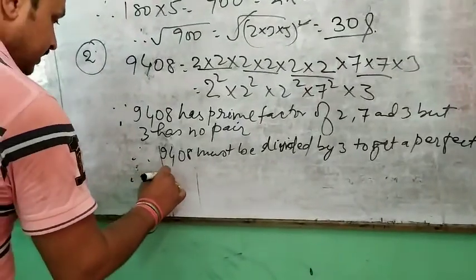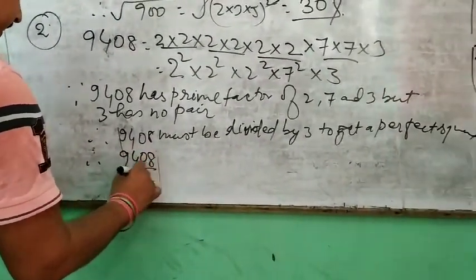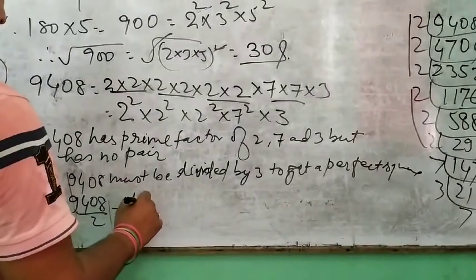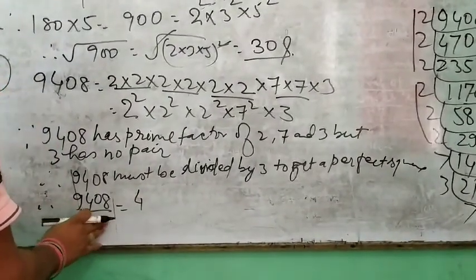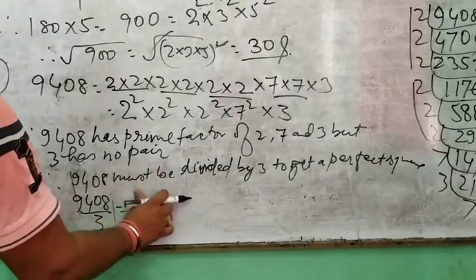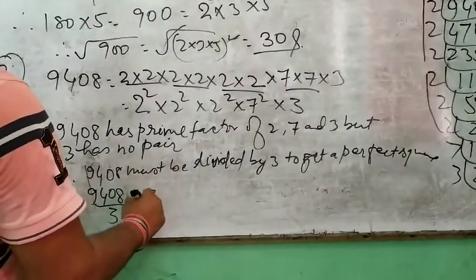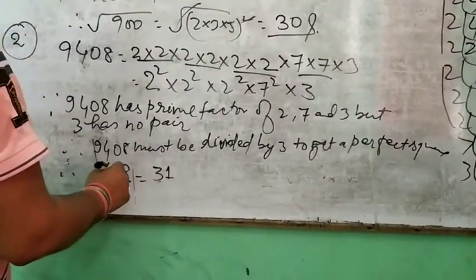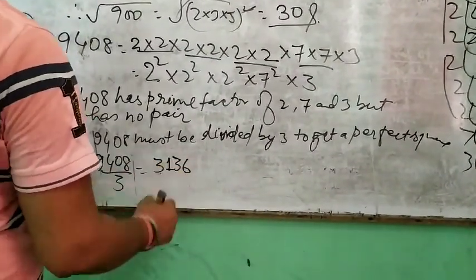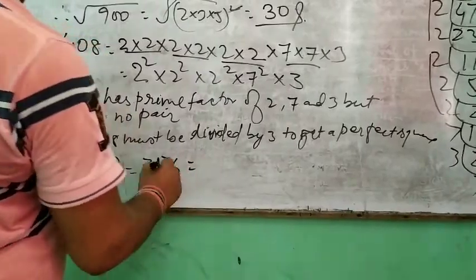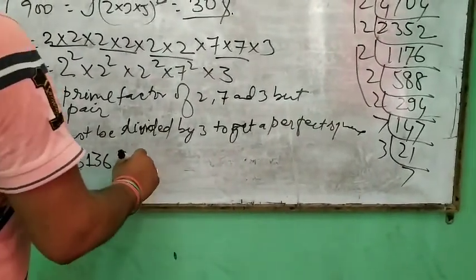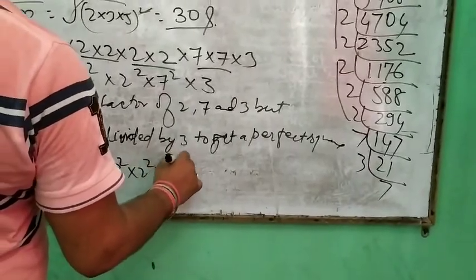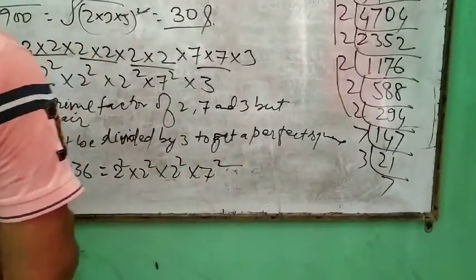So 9408 divided by 3 is 3136. It has 2 square, 2 square, 2 square into 7 square.